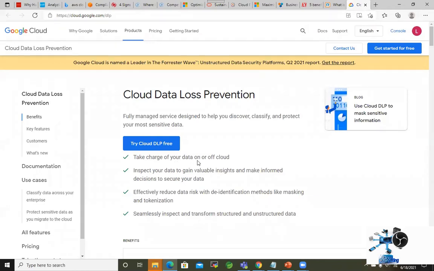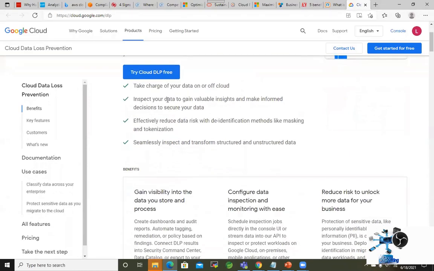Take charge of your data on and off the cloud. Inspect your data to gain valuable insight and make informed decisions. That's what this is, an example. And effectively, reduce data risks with de-identification methods like masking and redaction. Anyway, the point is protecting data and preventing data loss, right?